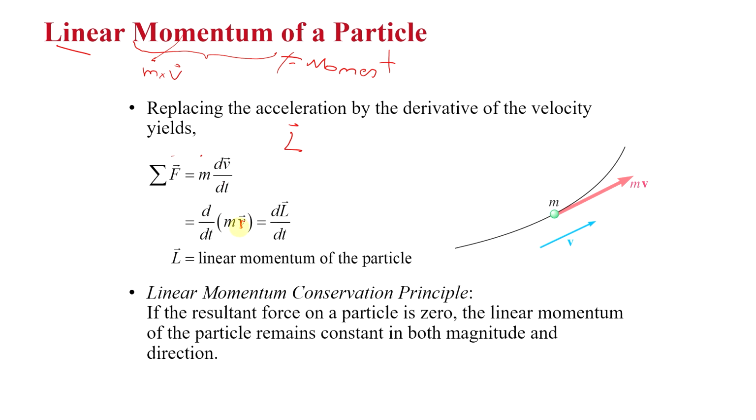So this is the change in time of that quantity. The linear momentum of a particle is zero if the particle remains at a constant magnitude and direction. If it doesn't change velocity, it's going to be zero. But if there's a velocity, then momentum exists.